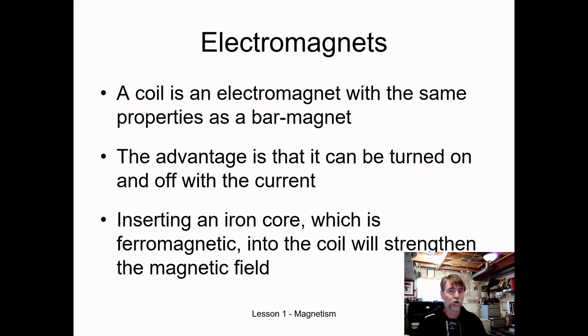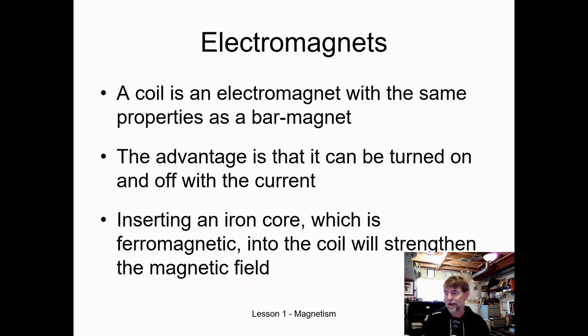If we are creating the magnetic field by using current, and we're putting current through a copper conductor, which is diamagnetic, the material itself, the element copper, will not become magnetized. So the moment you turn the current off, the magnet goes away.